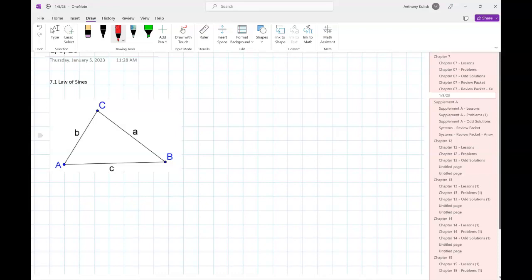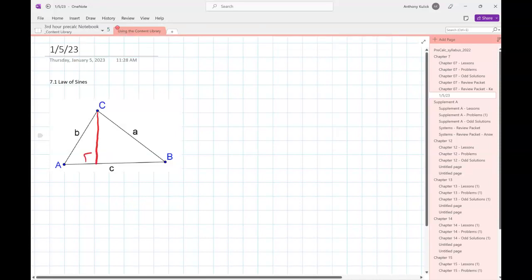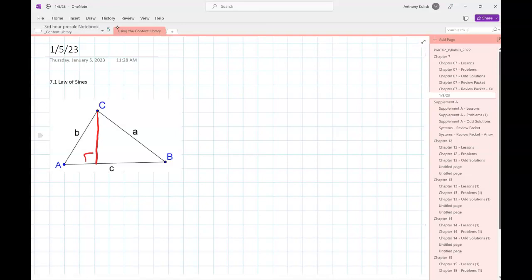So what I'm going to do is start by drawing in an altitude from one of the vertices. It doesn't really matter which vertex I choose. I'm going to choose to draw my altitude from C. And remember, an altitude is a segment inside of a triangle where one endpoint is a vertex and the other endpoint is perpendicular to the side opposite the vertex. I'm going to say that the length for that altitude is h.